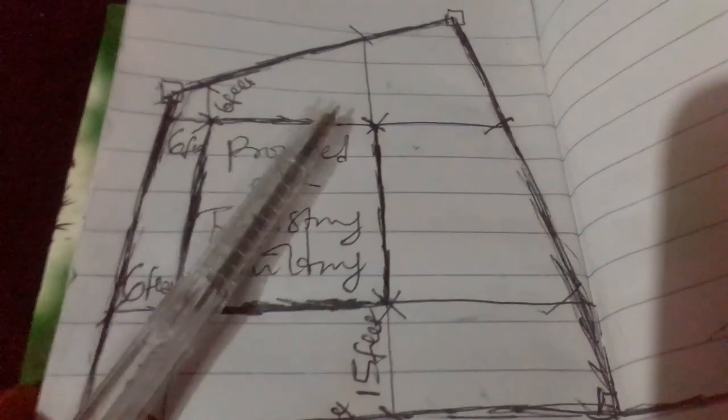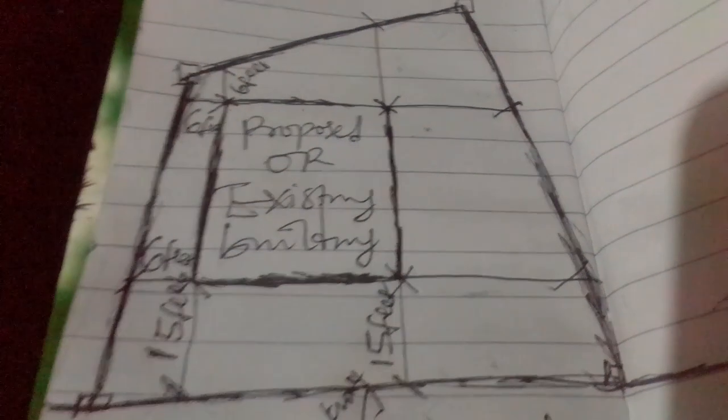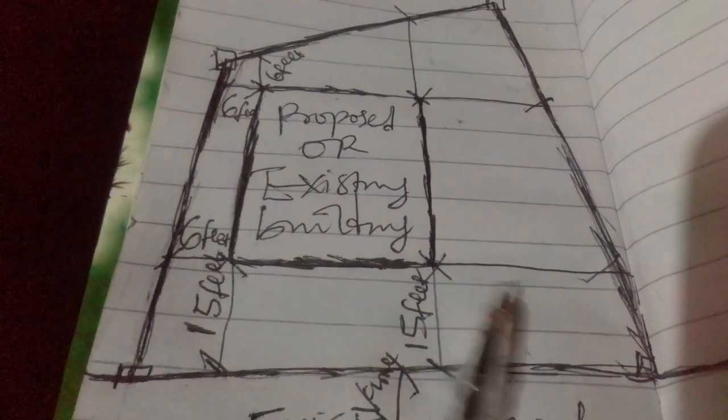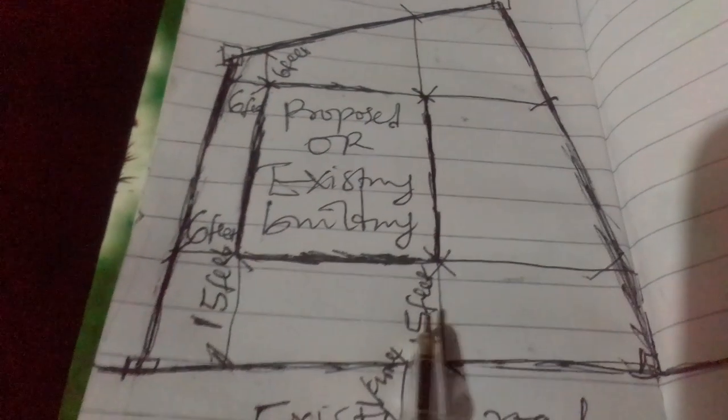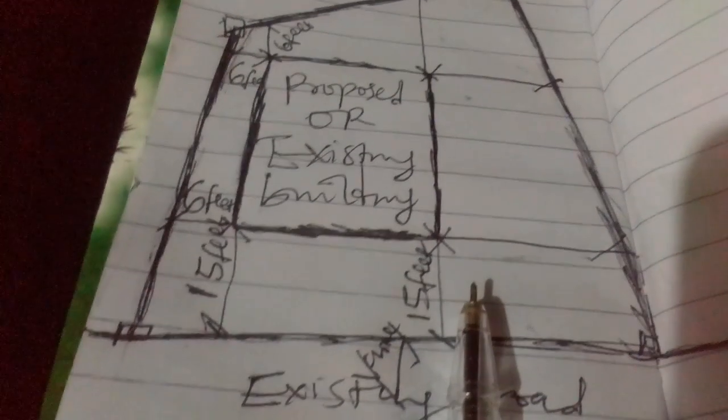I'm just considering the setbacks that are needed, but there are a lot of buildings that people build without considering the setbacks. They just build, and at the end of the day it becomes a very bad arrangement, which is not right. Some people will build stores on the wall fence, which is not right.